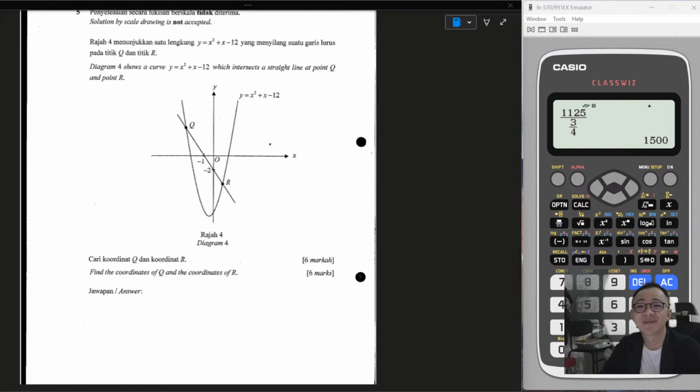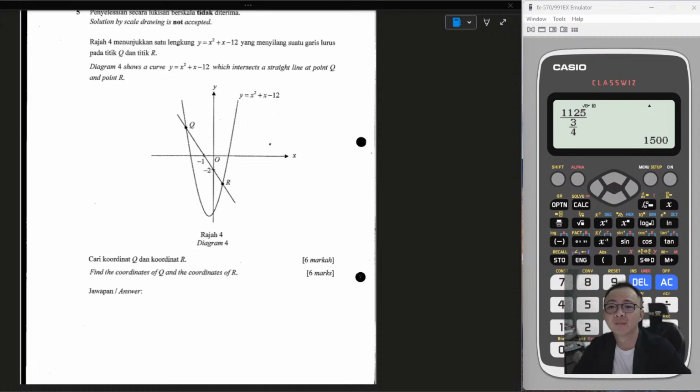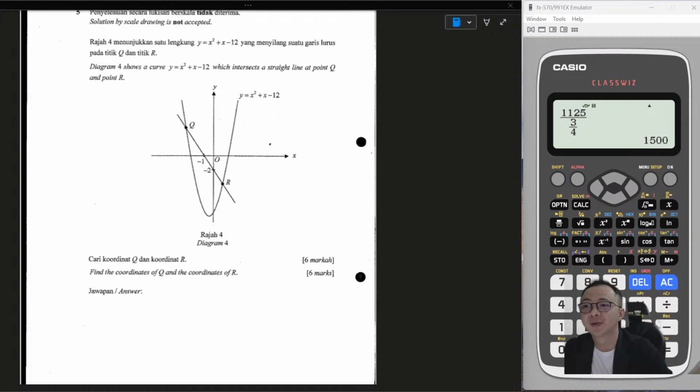I just adjust my camera because the camera sort of blocks the thing. So you can see I'm literally moving a little bit. Let me zoom in a little bit. So it will be less distracting. Okay, let's continue.